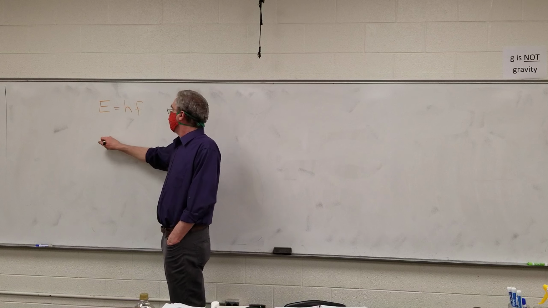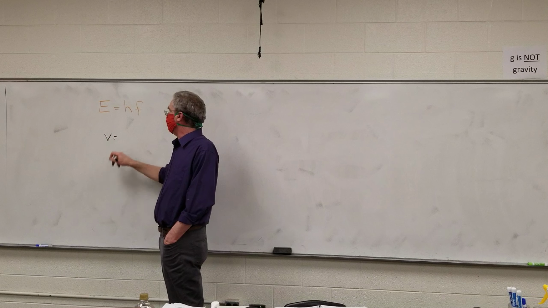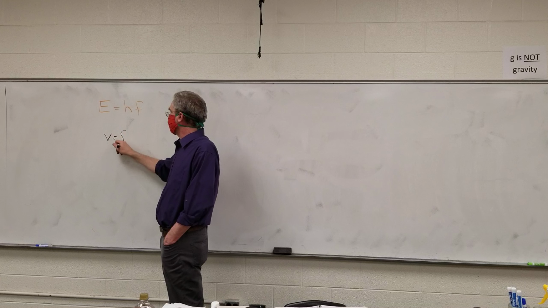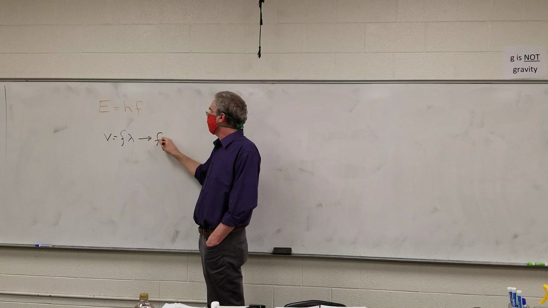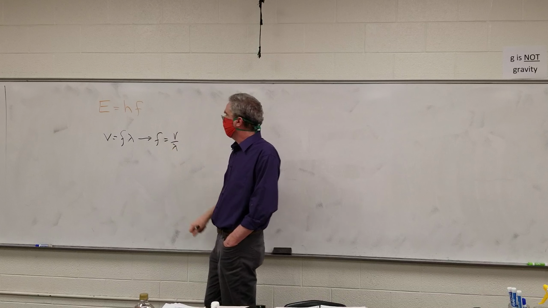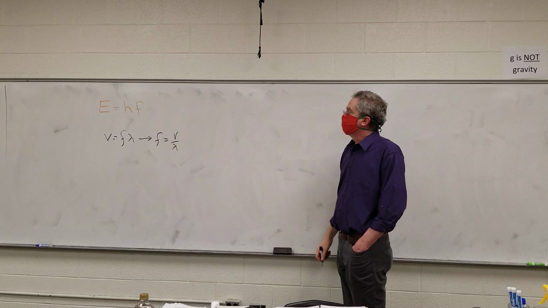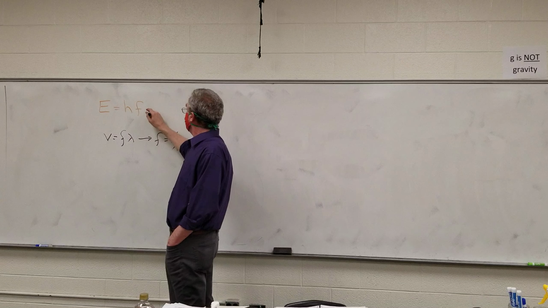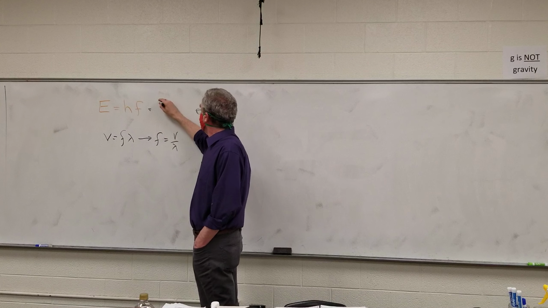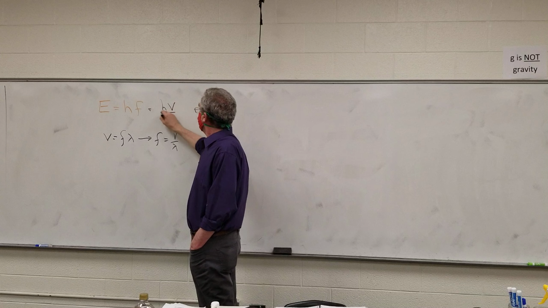If we think about waves, there's the classic wave equation: the speed of a wave is the frequency times the wavelength. And so the frequency is just the speed divided by the wavelength. So if we're talking about light, that's the energy of it. And frequency is this, so we get h c over the wavelength.